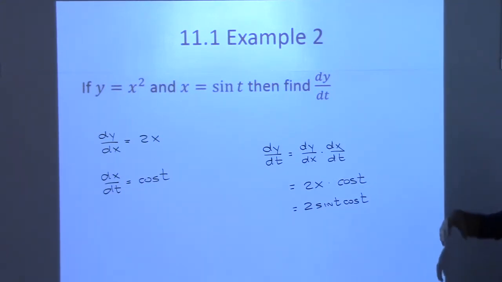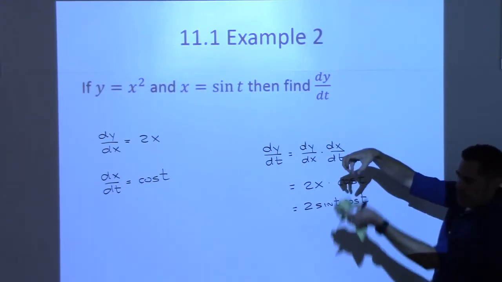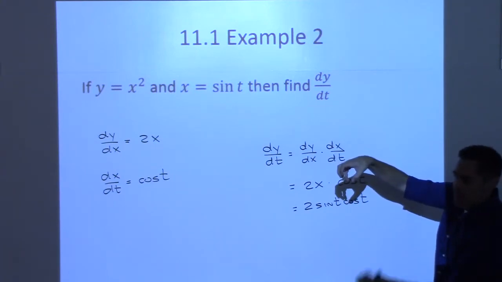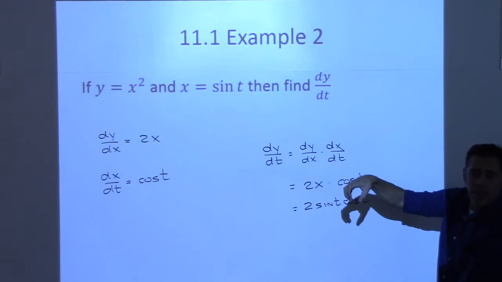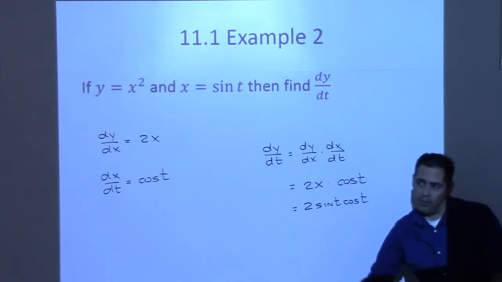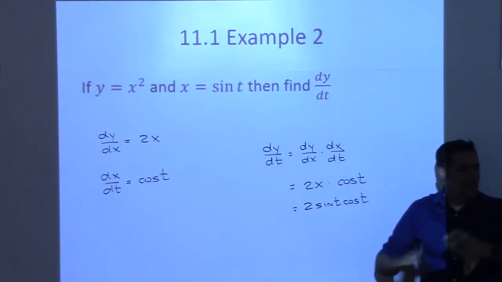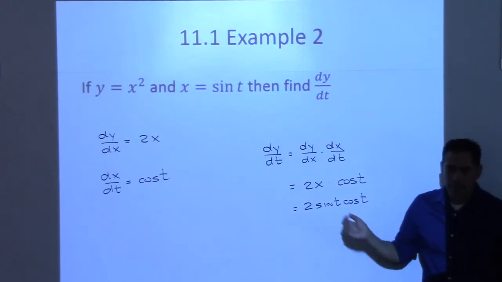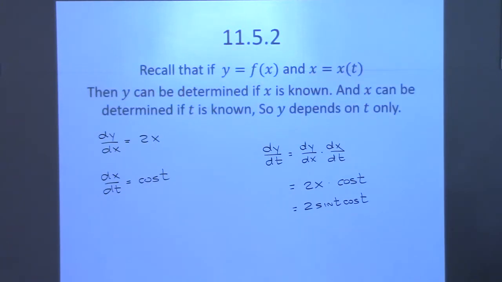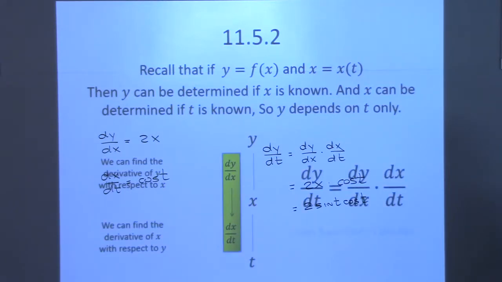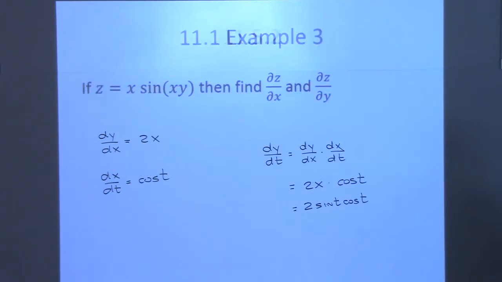So if we can establish the relationships between one variable to the next, and then talk about the derivatives down that line, then the chain rule is just multiplying all those derivatives together. At the end, yes, you may have to plug some stuff in, but it makes it a little bit easier as we proceed through, as what we're going to do now. Because we're going to have more than one variable, so how do we keep track of everything? All right. That's the chain rule from calculus, basically.